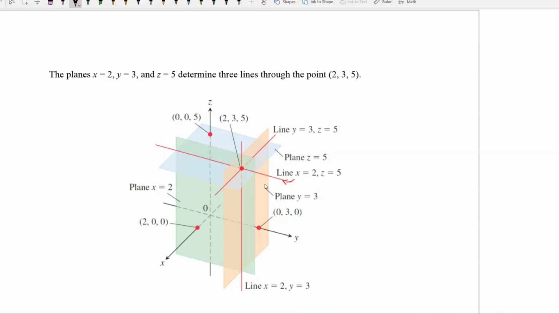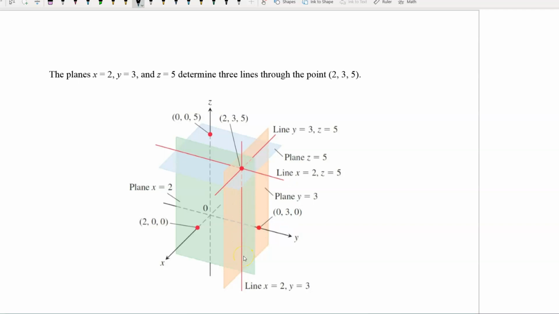And here we have plane y equal to 3. So this is the point that we have for y equal to 3, x is 0, and z is 0.